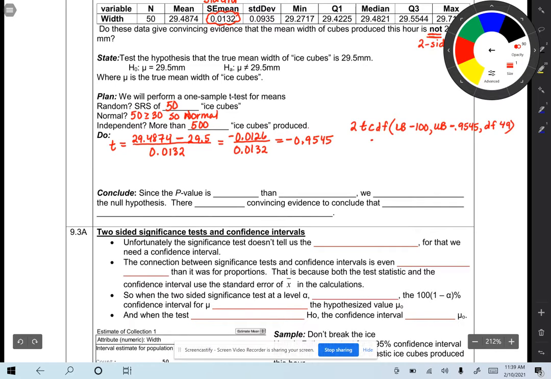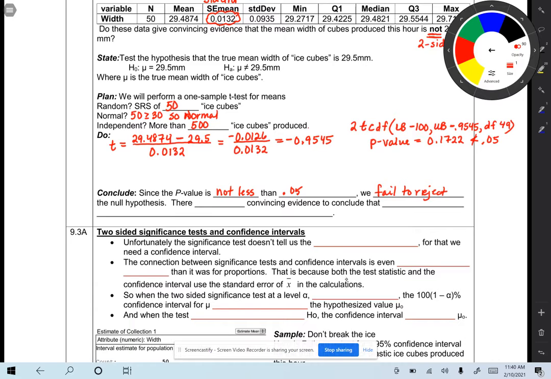Okay, that gives me a p-value of 0.1722, which, comparing it to alpha, is not less than 0.05. So since the p-value is not less than 0.05, we fail to reject the null hypothesis.